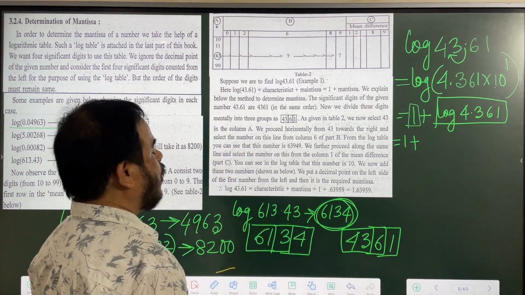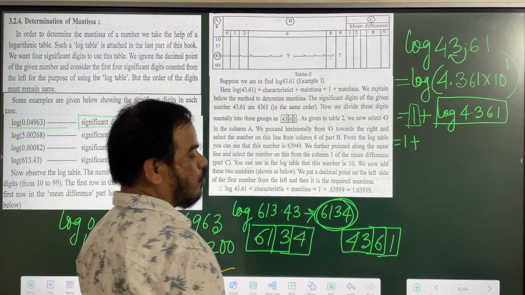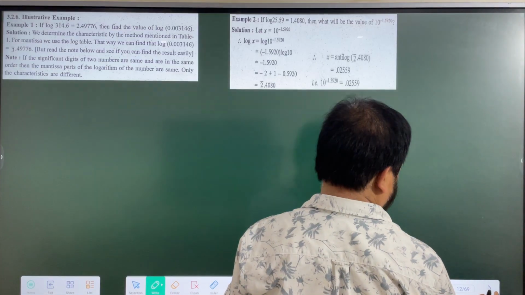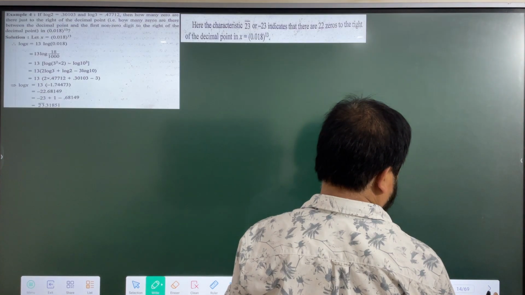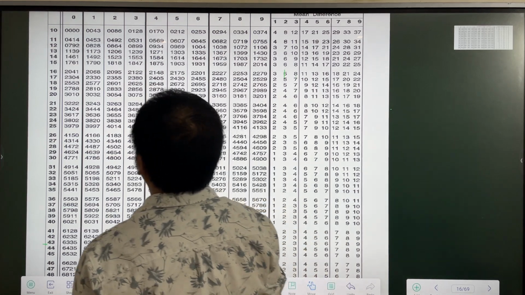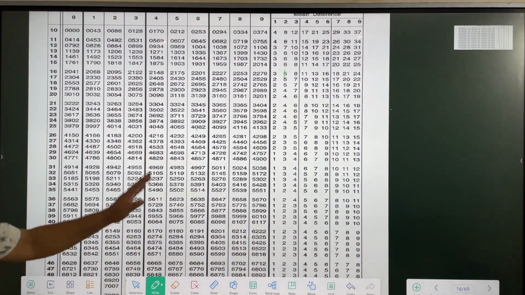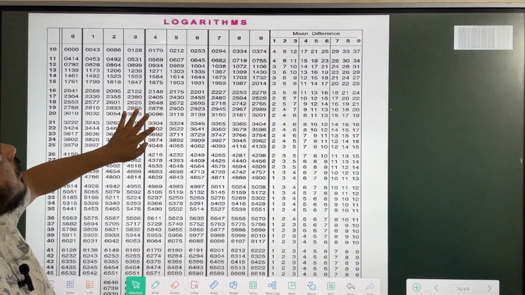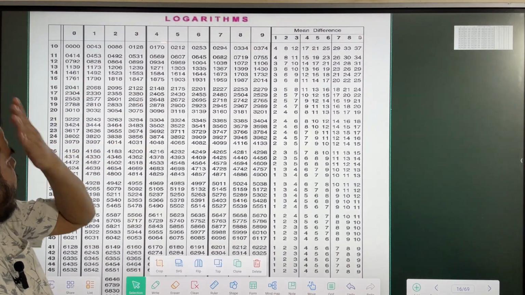Now we will go to the log table, to see how to find the log value of anything with its help. This is the log table. You cannot learn this by heart. This is the logarithm table.